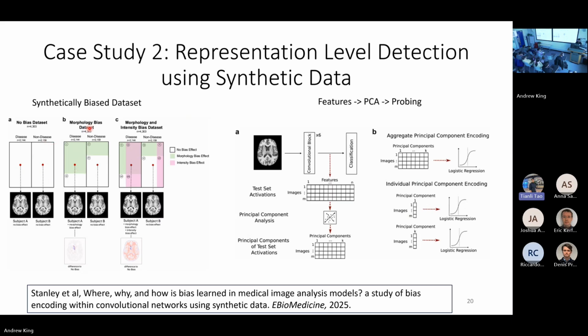In a morphology bias data set, we introduce more bias to the subjects which have disease and less to the healthy ones. And similarly, there's another type of bias, morphology and intensity, where we try to introduce more bias in the disease subjects as compared to the healthy ones. And the idea is we have a convolution network feed forward for classification.